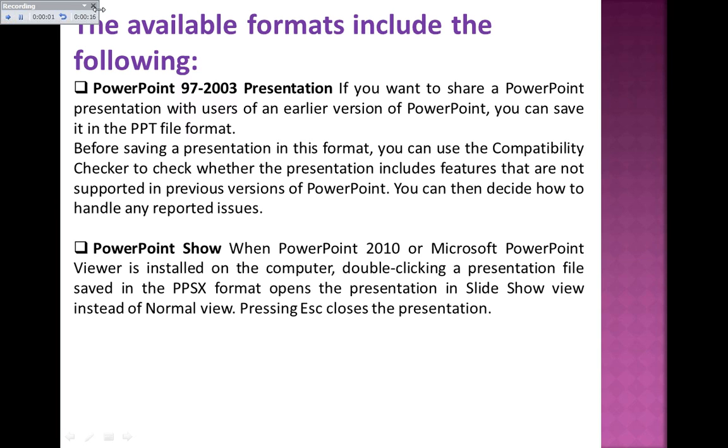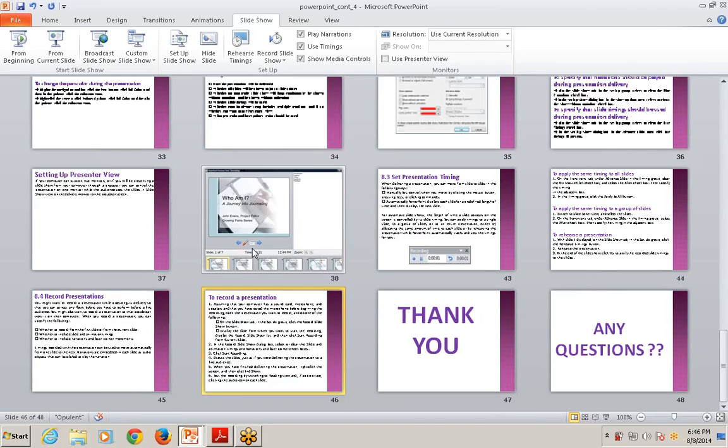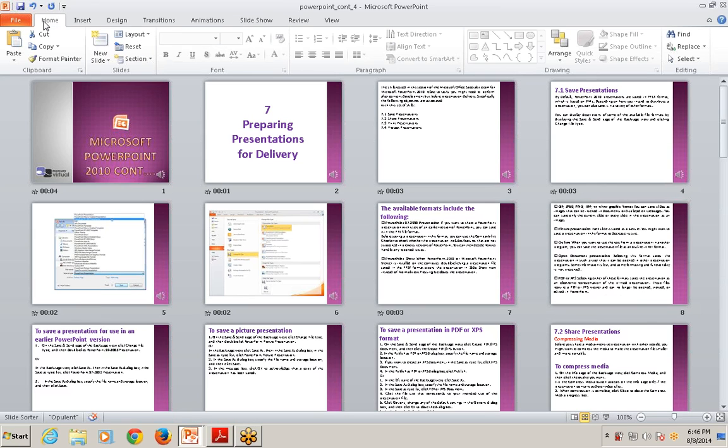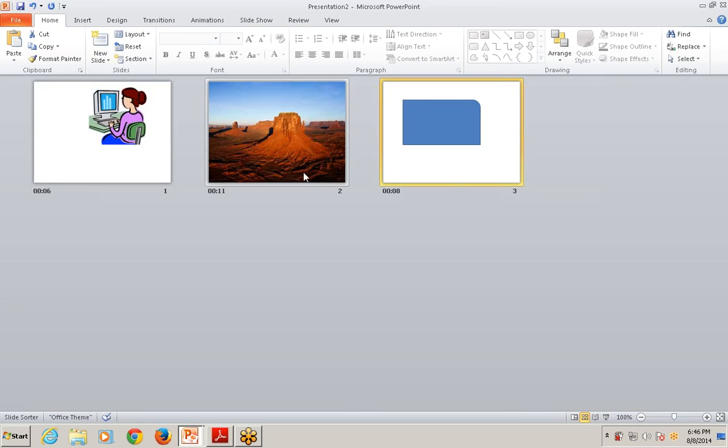This is how we can record. There is a time set: 4 seconds, 1 second, 3 seconds, 3 seconds, 2 seconds, 2 seconds, 3 seconds. But there is no setting for 8 because I cancelled the recording. So this is how we can record the presentation.